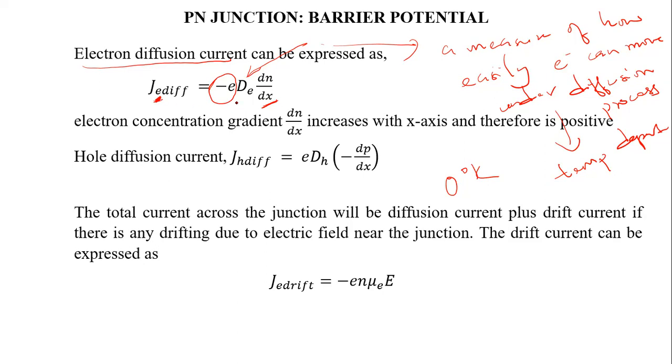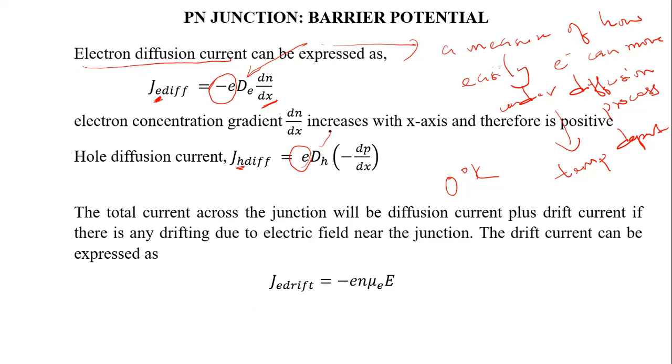And similar to that, we can express the hole diffusion current. Here we put a subscript H, meaning this is a hole diffusion current. You know that holes are considered as positive charge because they are a deficiency of electrons. And this DH is simply the diffusion coefficient of holes. This is again a measure of how easily holes can sieve from one covalent bond to another under the diffusion process.